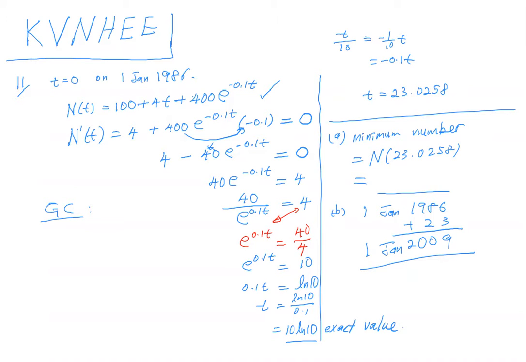Key in the function slowly. Negative 0.1x. Okay, you go to the window, you set from 0 to maybe 30. Then you do a zoom fit.